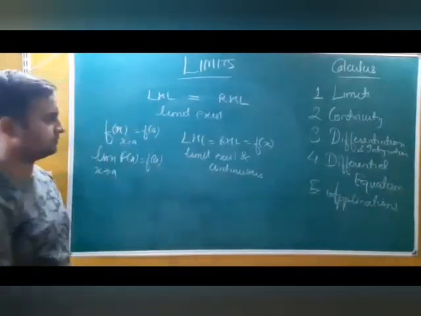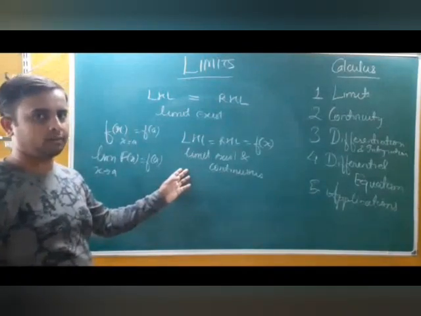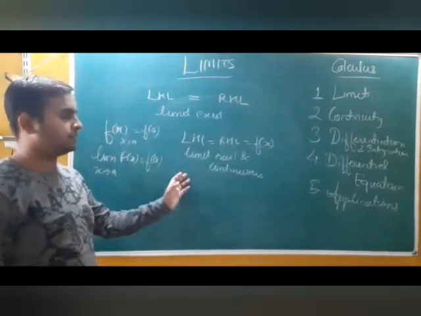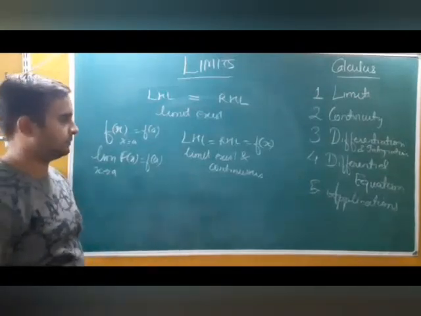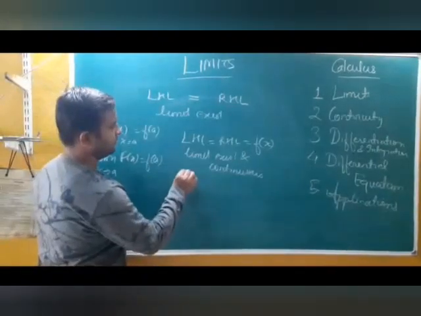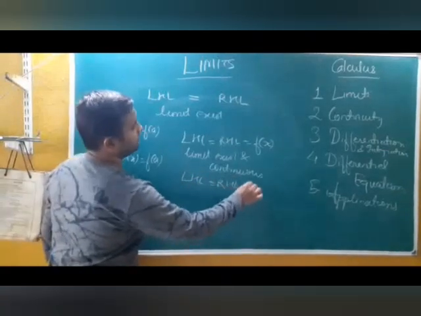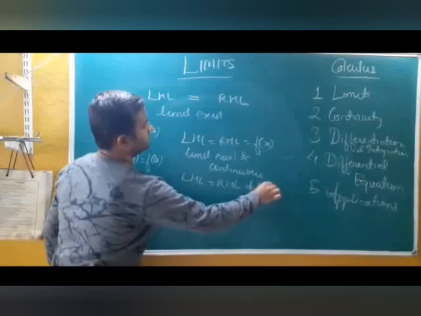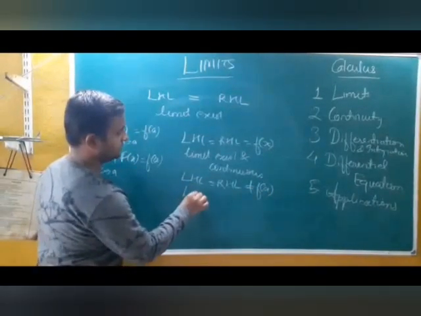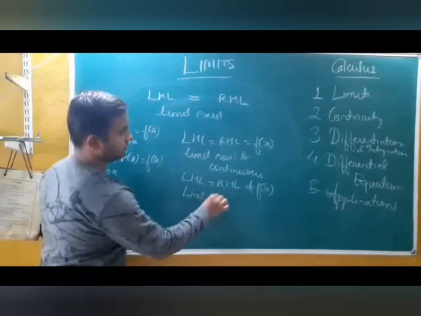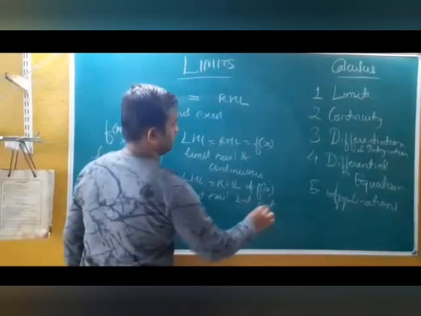Very important. You will get maximum questions in your exams like this. I'm talking about the entrance exams like CET, JEE, NCERT. If left hand limit is equal to right hand limit but not equal to f of x, then we will say limit exists but not continuous.